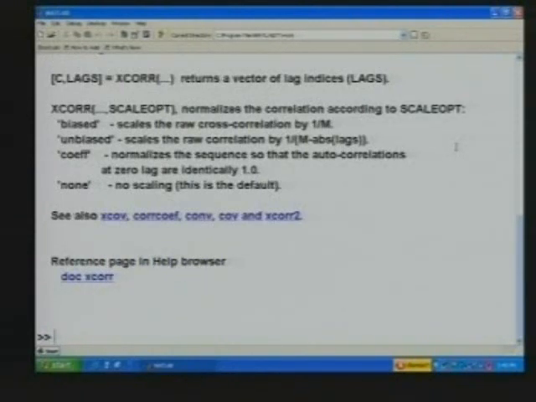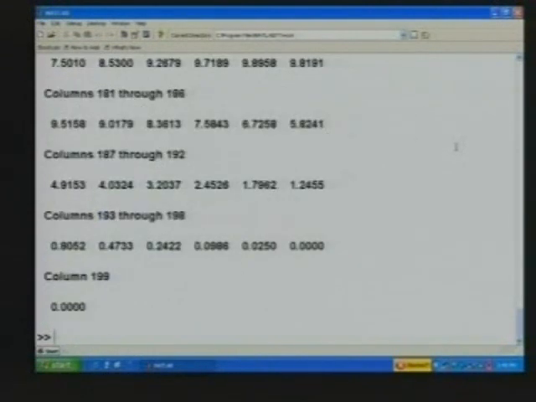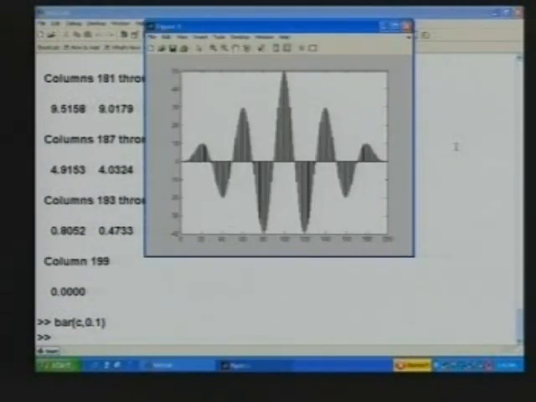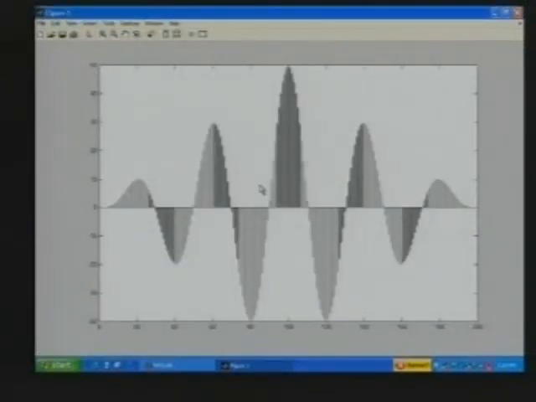So, if C is the cross correlation, C equals xcorr of S with itself. This is the autocorrelation function, as you can see. This autocorrelation sequence is giving its maximum here.